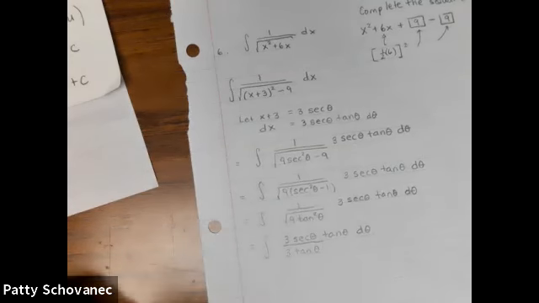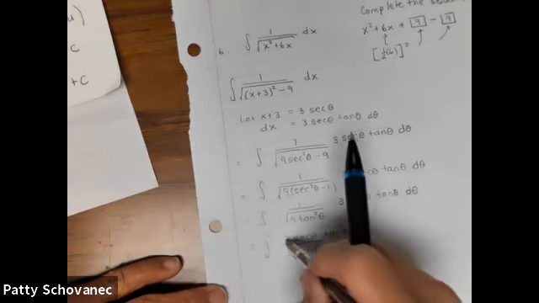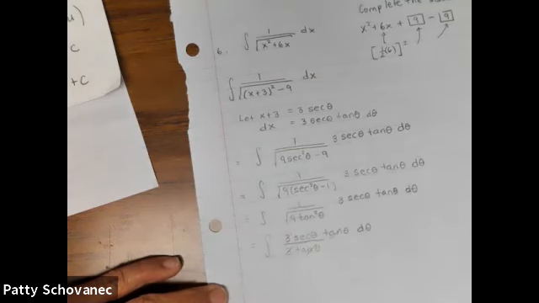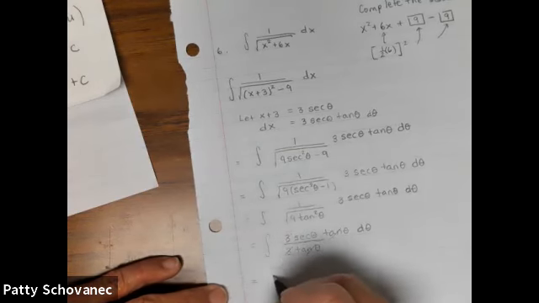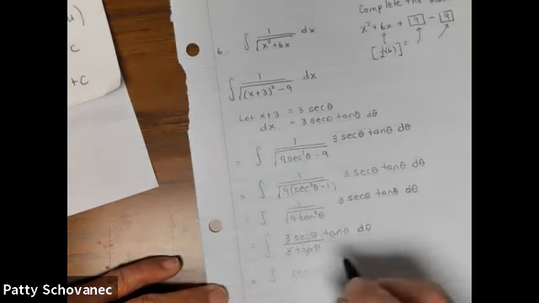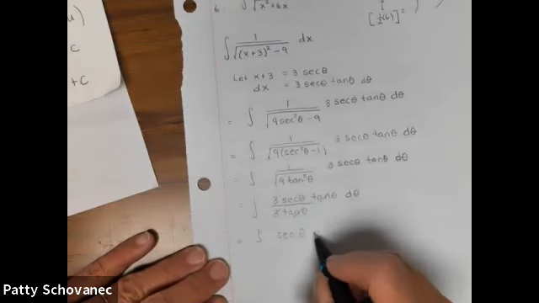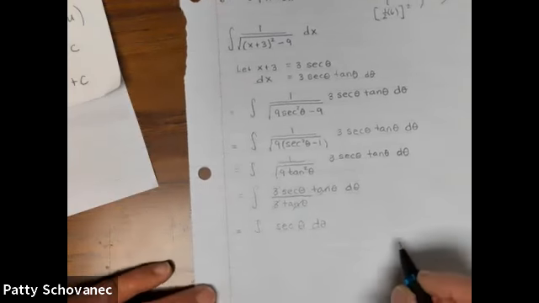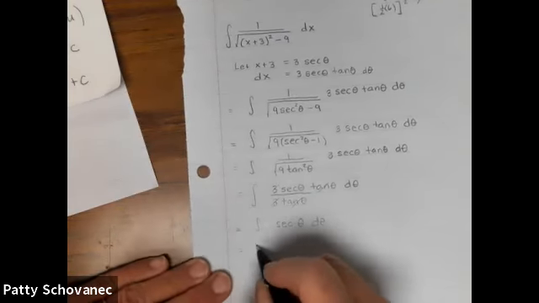And there, cancel the 3, cancel the tangent of theta, and we're left integrating secant of theta. That's one we know. That one's the natural log of the secant plus the tangent.